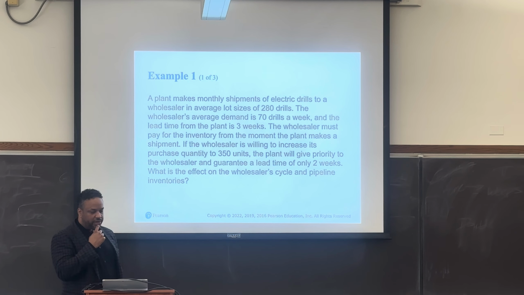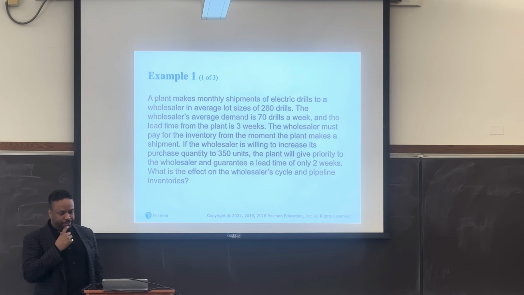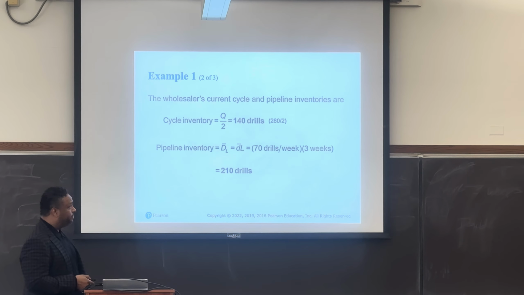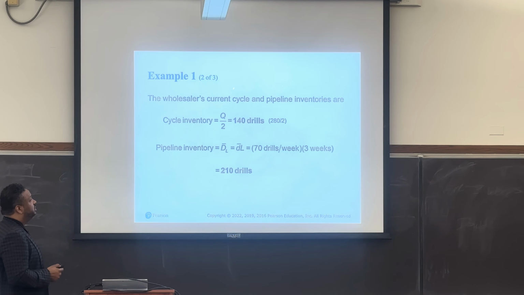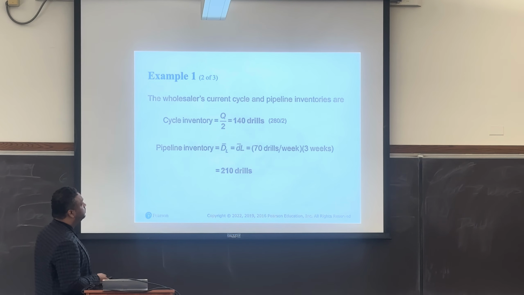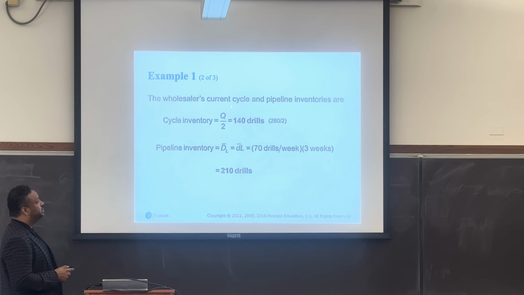So what is the effect on the wholesaler's cycle and pipeline inventory? Let's take a look. All right, the wholesaler's current cycle inventory is quantity over 2, and that's 140 drills. So we start with 280 drills, divided by 2, that's 140 drills.